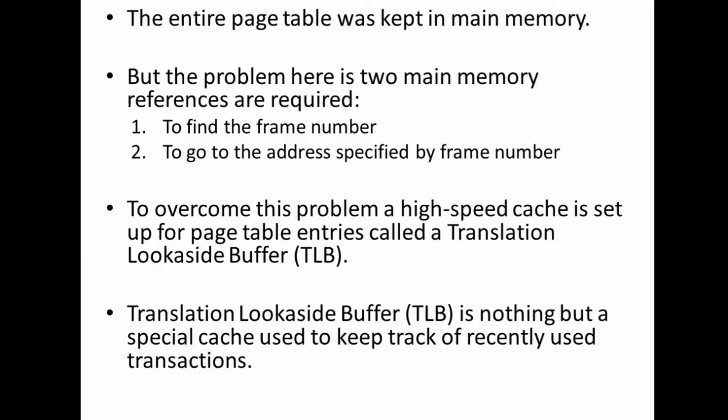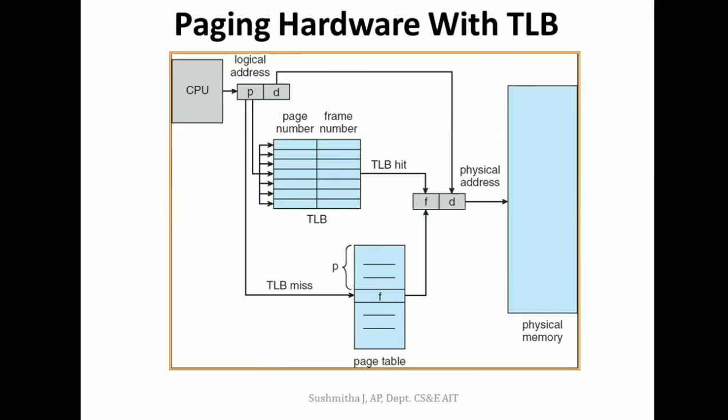Firstly, what is the translation look-aside buffer? As told, it is a hardware cache which is faster than the main memory, and the translation look-aside buffer consists of two entries, the key and the value.